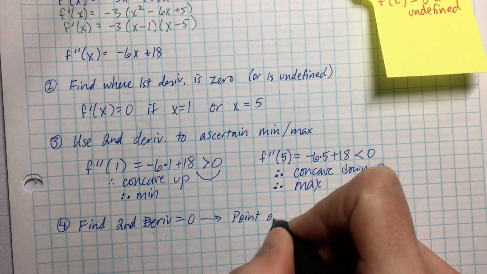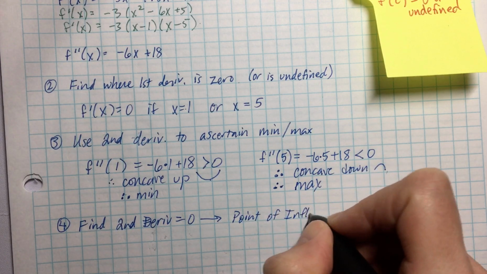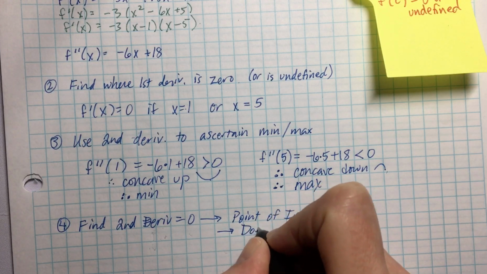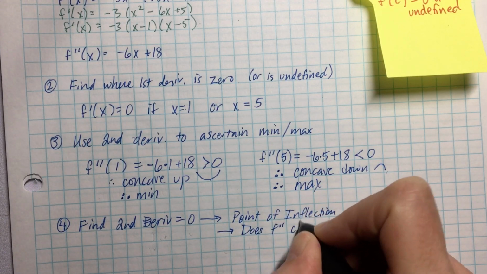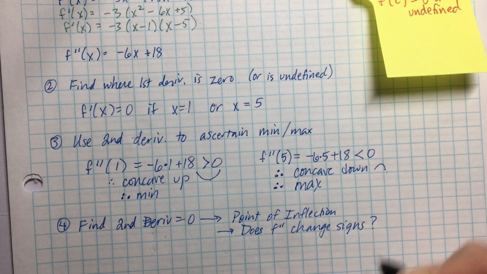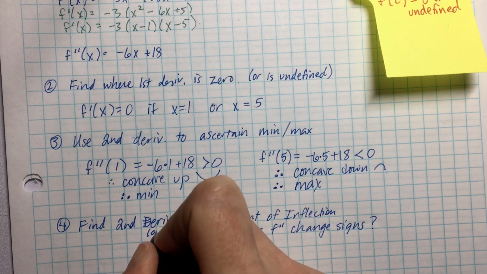The reason I say maybe is that we have to have a sign change. So basically, does f double prime change signs? And this could happen if our second derivative is 0 or undefined.